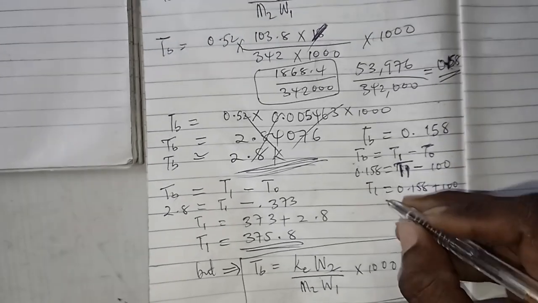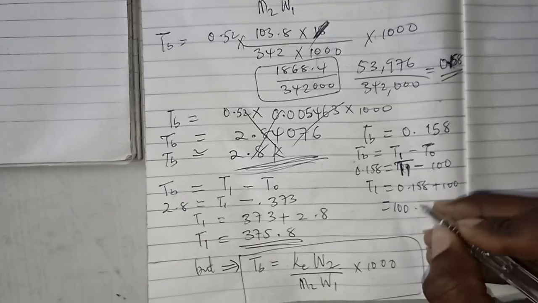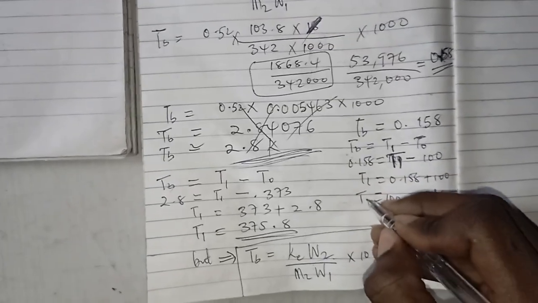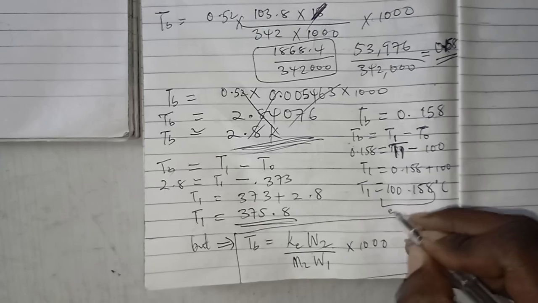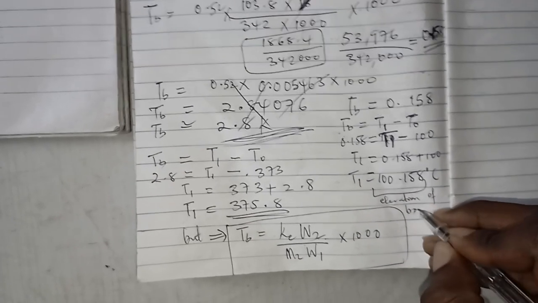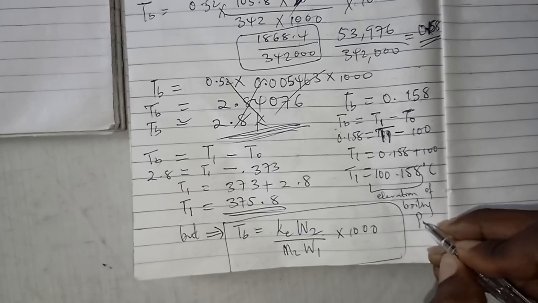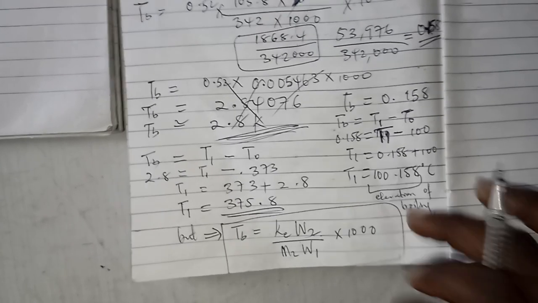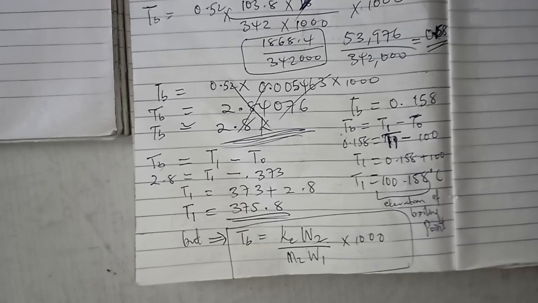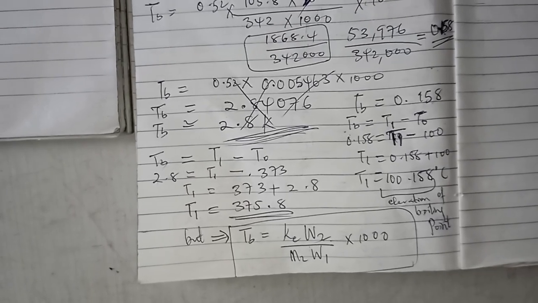It gives you 100.158 degrees C, so T1. So this is our elevation of boiling points. Very important. So that's the increase in the temperature.